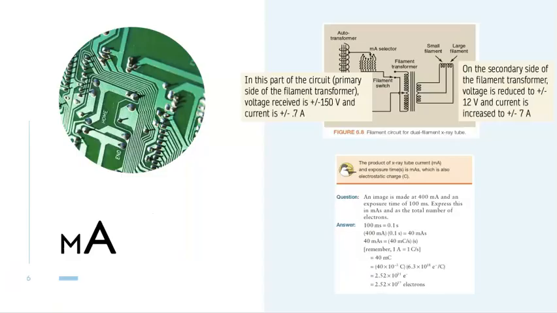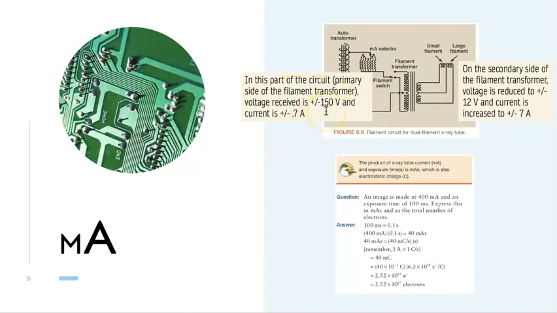Finally, we'll talk about mA and time. mA first. Milliamperes are controlled in this part of the circuit. On this side, the primary side of the filament transformer, which is one part of the entire X-ray circuit, the voltage received is pretty low.